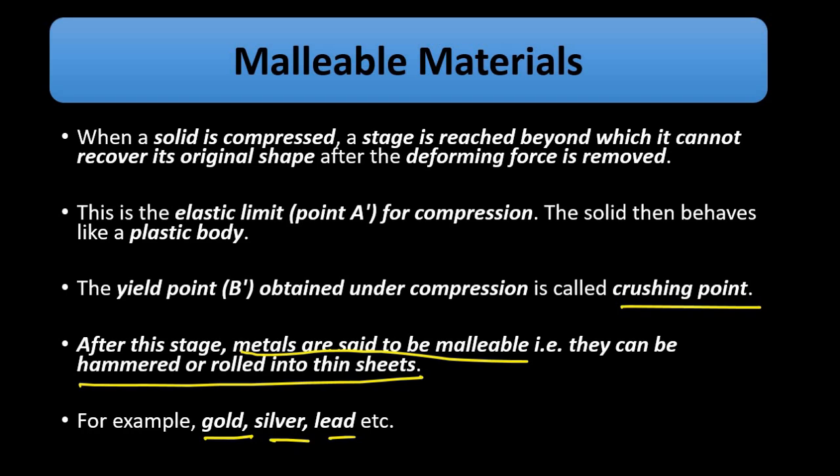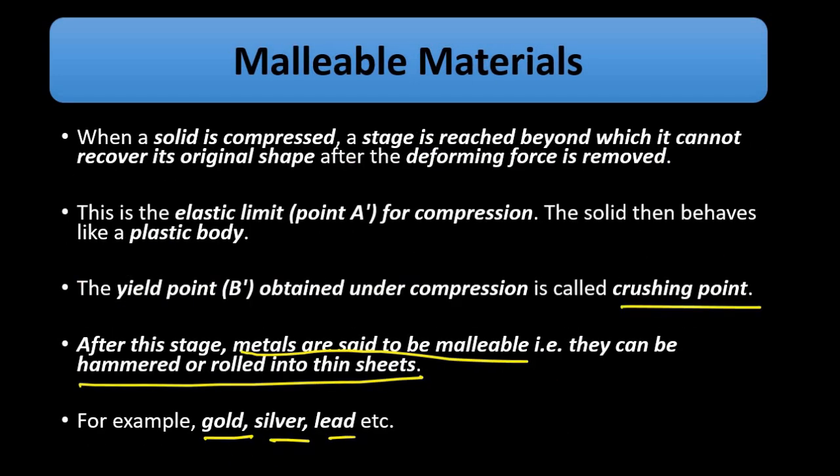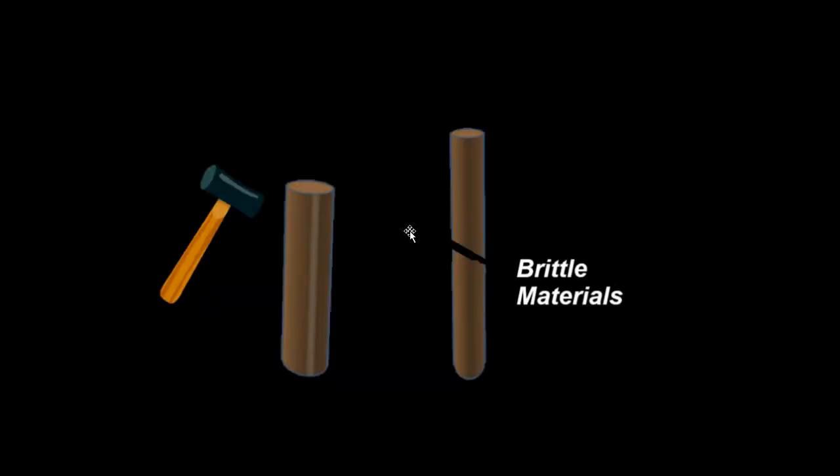So these are the properties. The main properties which are important for us for application purposes are ductility and malleability. Brittle materials cannot withstand higher levels of stress and will snap just beyond their elastic limit.